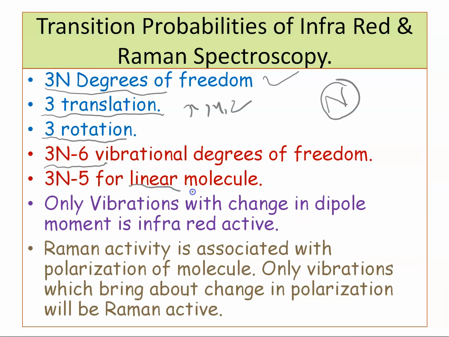For a linear molecule, it will be 3n minus 5 because rotation about the molecular axis is not considered. It is actually the translation itself. So in the case of a linear molecule, there will be only 3n minus 5 vibrational degrees of freedom.